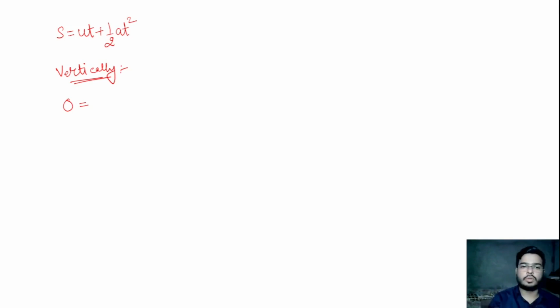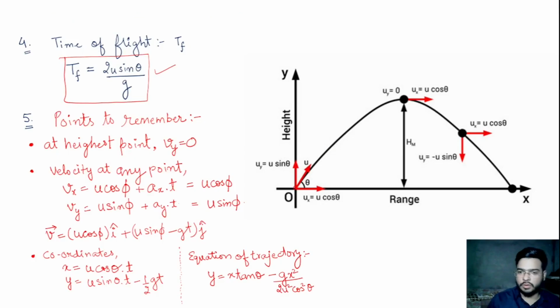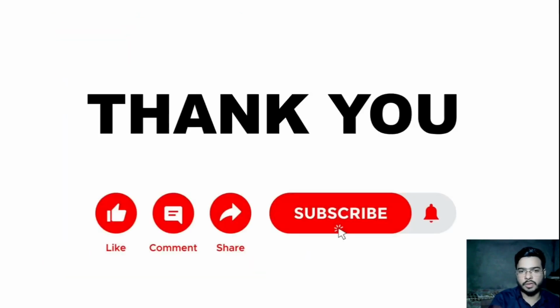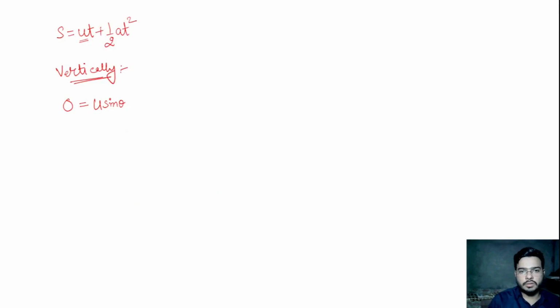Now vertically, what is u here? Here u is u sine theta. Next one is t.